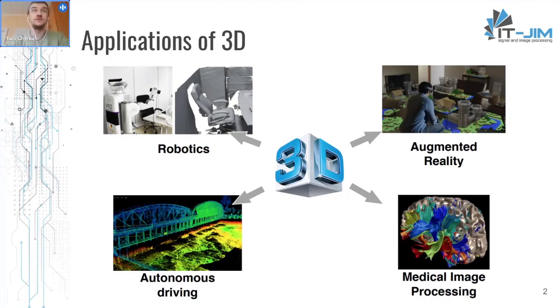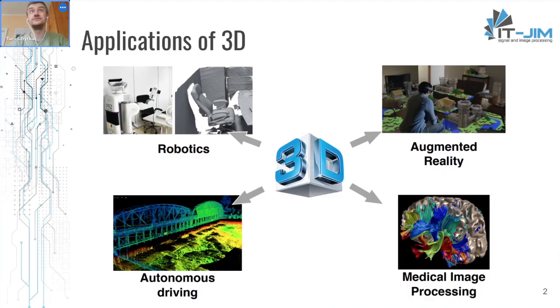When we talk about autonomous driving, obviously, when we have a car, we have to understand its environment in every moment of time and have to know about every object around our car to drive safely.